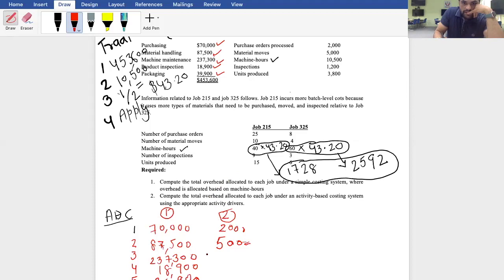Third one is 10,500. Next, inspection, 1,000.